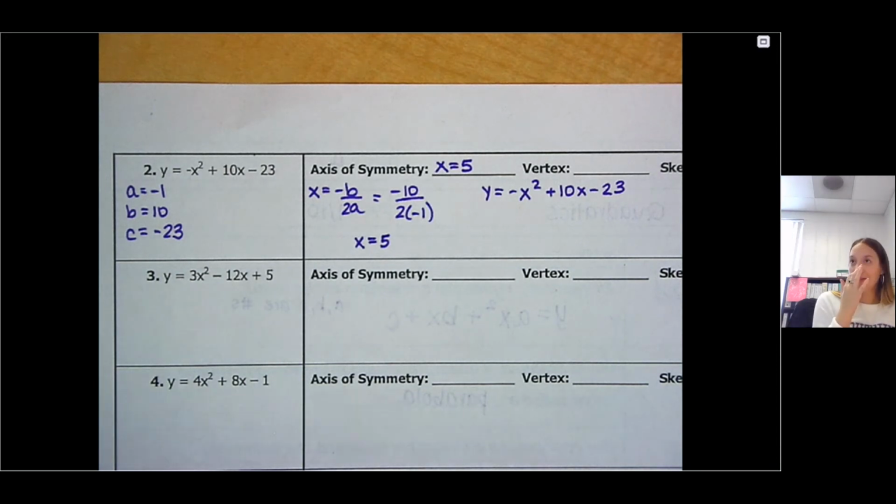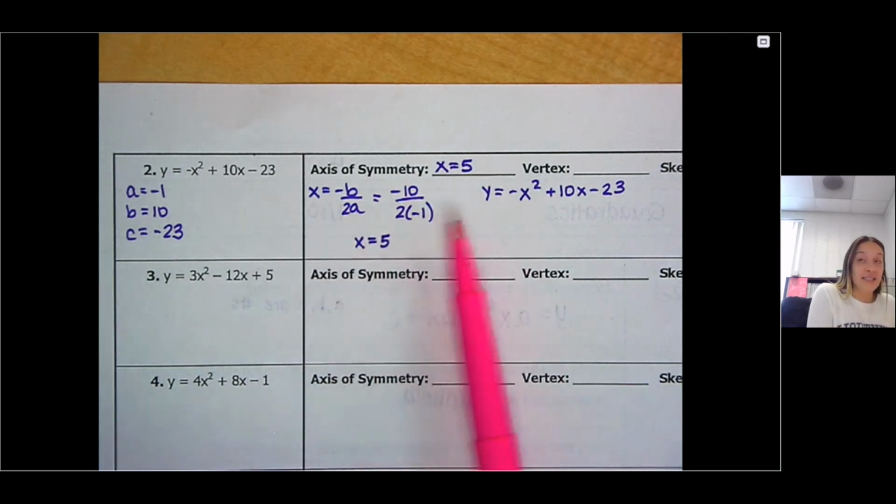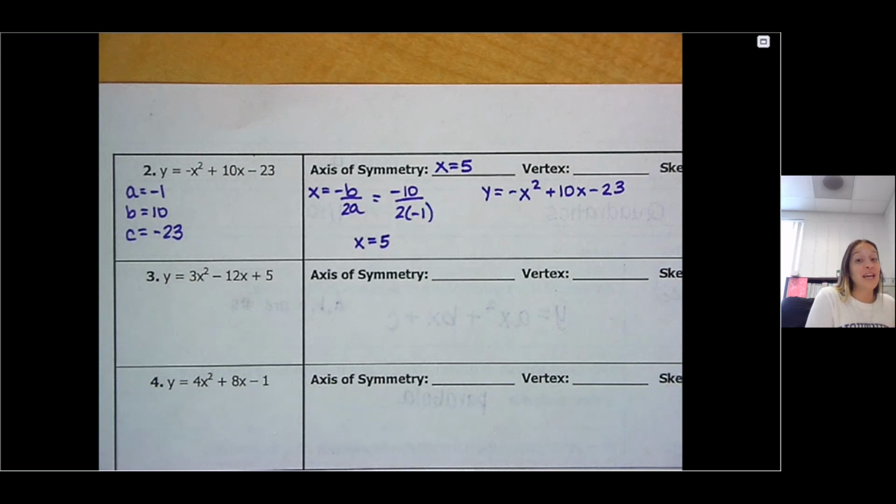Okay, so for negative b divided by 2a, b is 10, so that's -10, and 2 times A is negative 1. So negative 10 divided by negative 2 is positive 5.